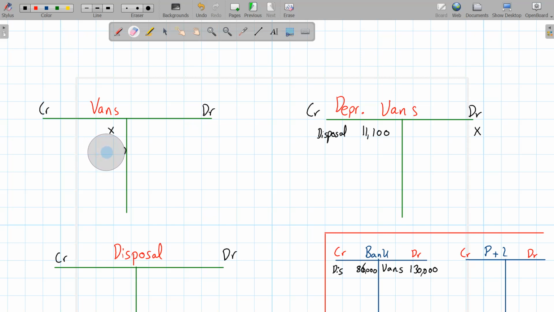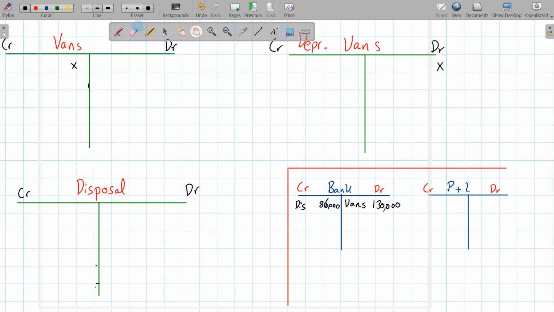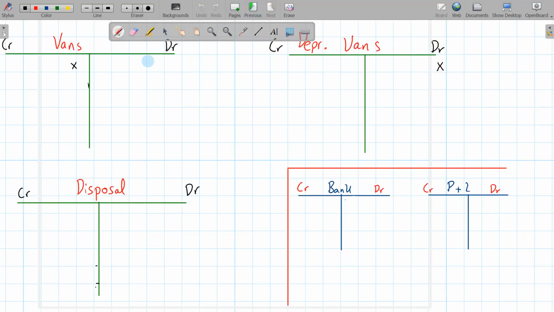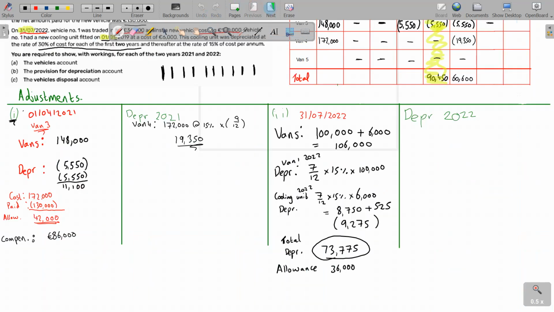So what's happening is we got no money in compensation. Money will be coming out for vans. Okay, so 106,000. We reduce our vans by 106,000. It goes into a disposal account. So 106,000 coming from vans. We have to take out depreciation that's associated with the cooling unit and van 1.